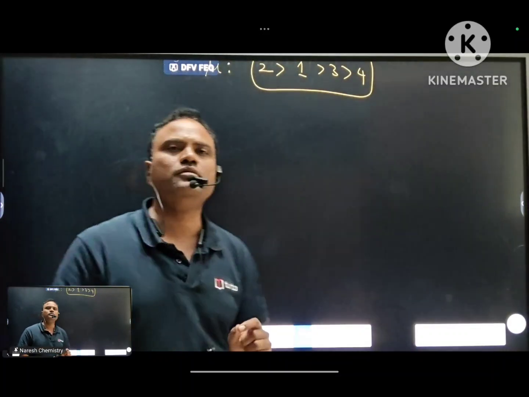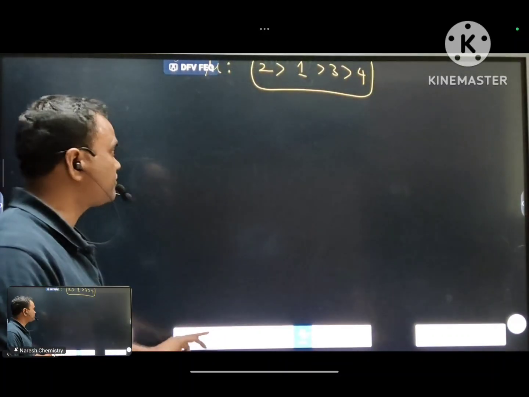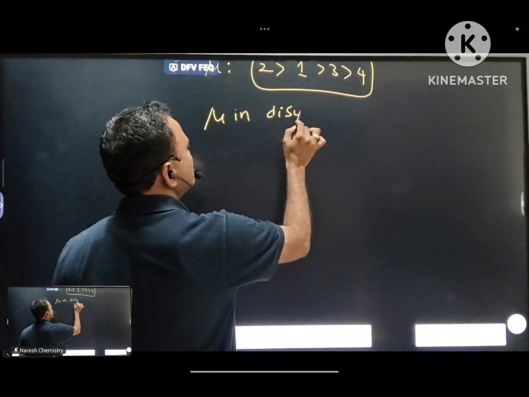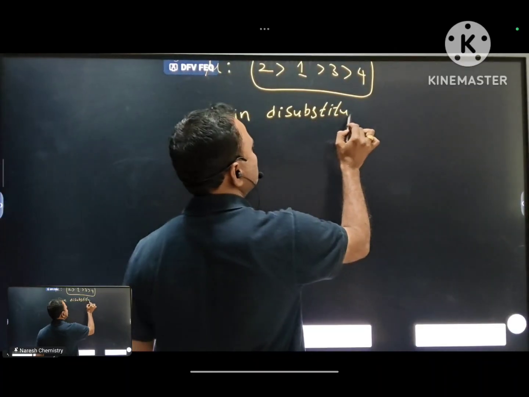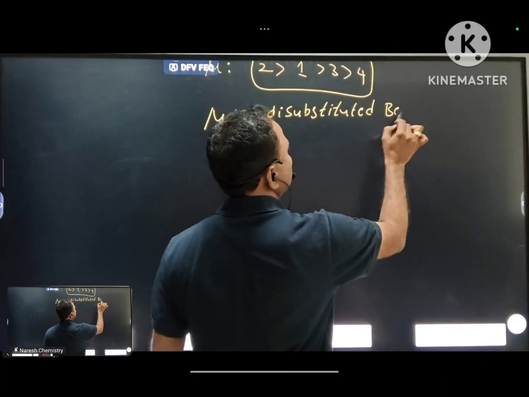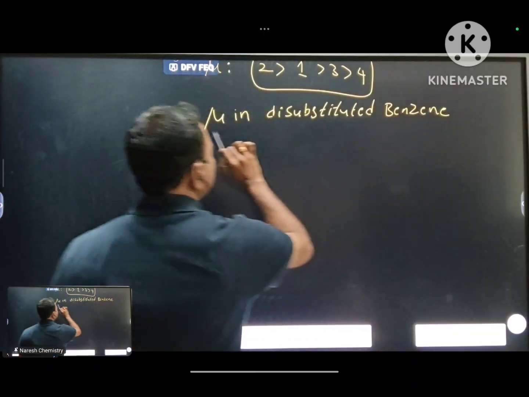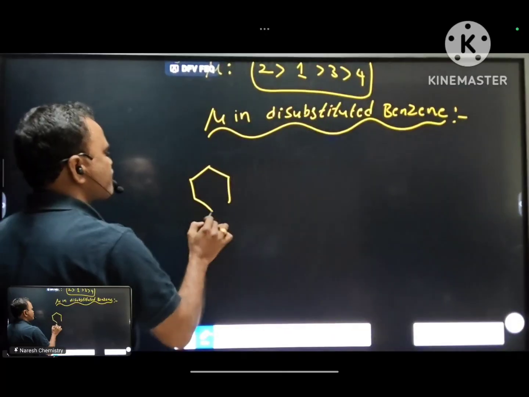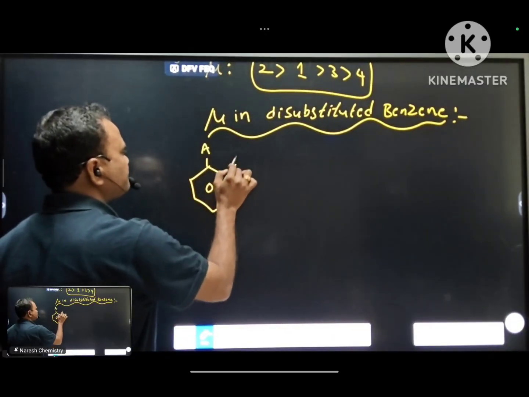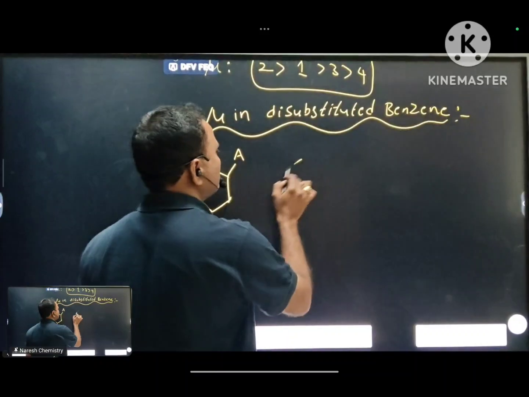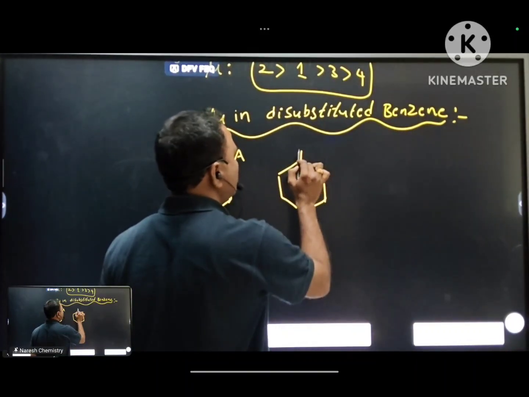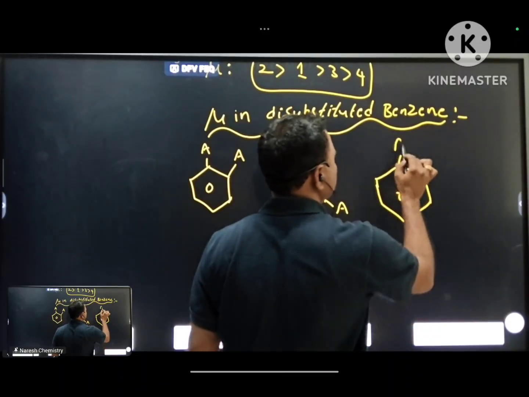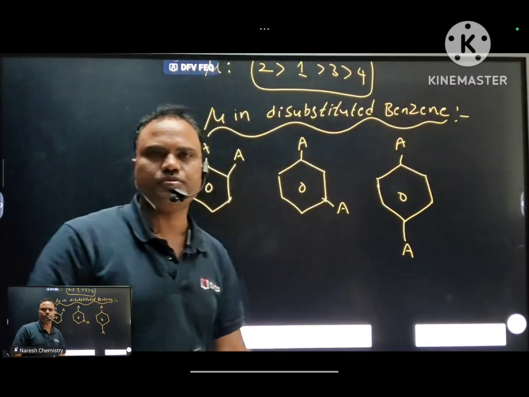Next, dipole moment in disubstituted benzene. Ortho disubstituted, meta disubstituted, and para disubstituted benzene.